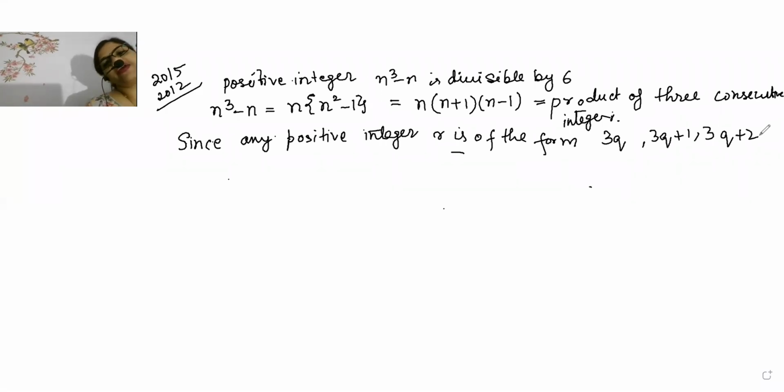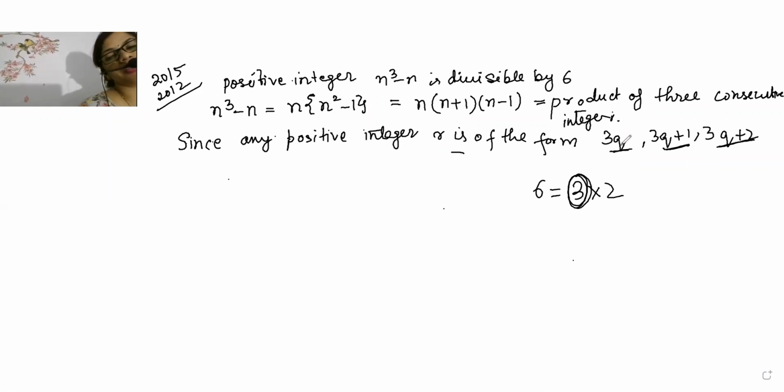Okay, beta. So why I wrote 3q plus 1, 3q plus 2? Because beta, first we have to check it is multiple of 6. Okay. Now 6 can be written as 2 into 3. So 3 is very important. Fine. So, and here number is in sequence. You see 3q plus 1, 3q plus 2.